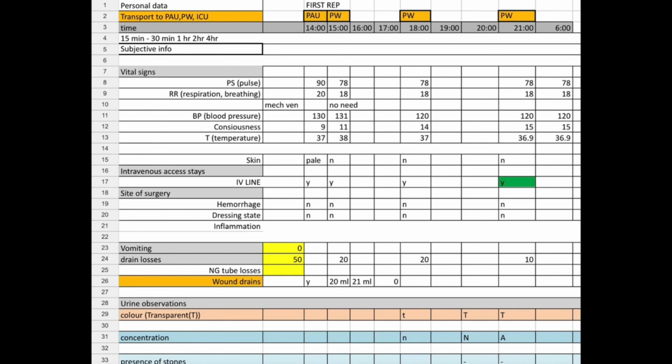And then the fever drops at 6 p.m. and then at 9 p.m. the body temperature of the patient starts with 36.9 and then it stabilized there until 6 in the morning, which indicates that the patient no longer has fever. So these vital signs show that the patient is recovering well.